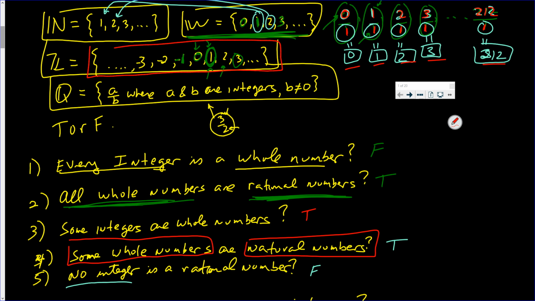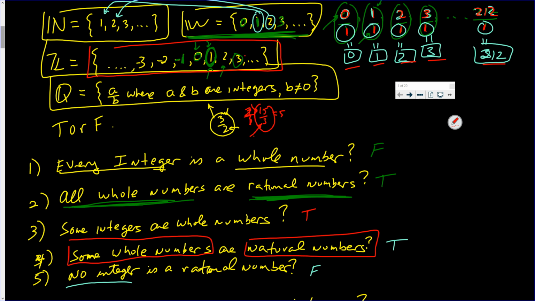Of course, another rational number would be 7 over 1, or let's try a different number. 15 over 3. Well, that's 5. This is a rational number. The top number is an integer. The bottom number is an integer, and it's not 0. But it's 5.